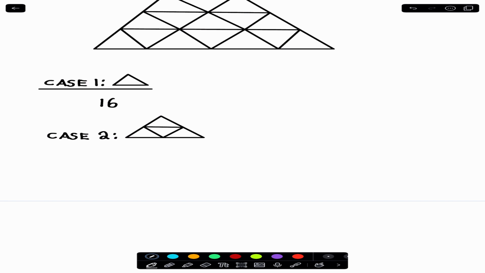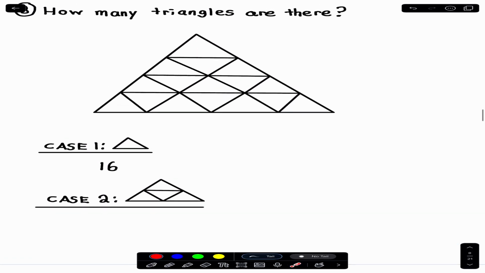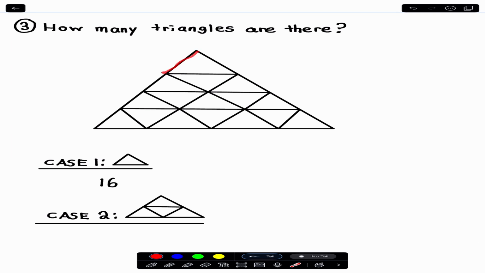Alright, now we got triangles that look like this. How many of these are there? Well, we can count. There's one here, there's another here, another here, so that's 3 so far. 4, 5, and 6. Now, are we missing any more?